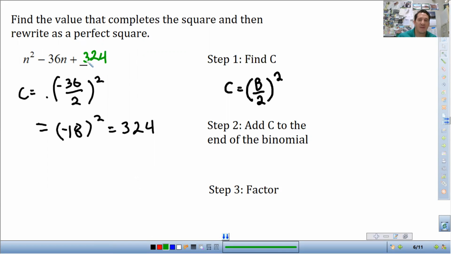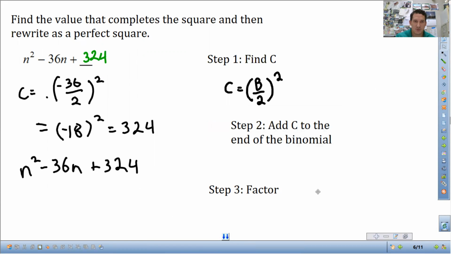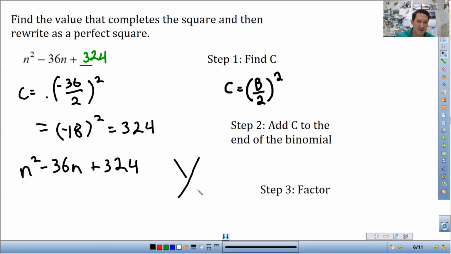So this is a perfect square trinomial, right? What we're going to do now is factor this perfect square trinomial. The way we factored it before, you would do the X factor, 324 on top, negative 36 on bottom.